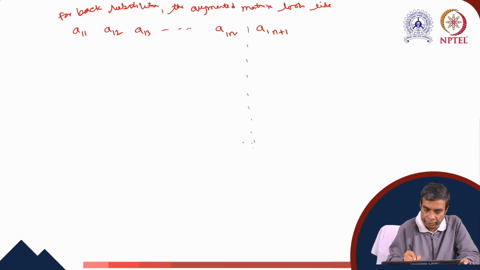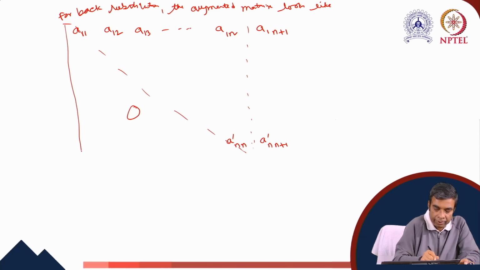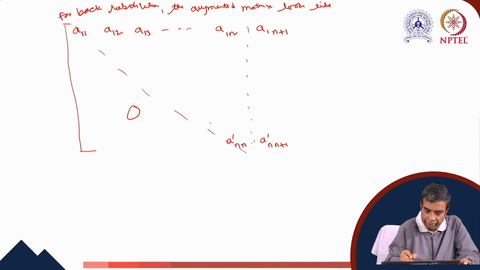Now for the last row we have A dash nn, and on the right side it has A dash n n plus 1. So this is the diagonal term. All the sub-diagonal terms are 0. Then in the second equation from the back side, we have A dash n minus 1 n minus 1, A dash n minus 1 n, and A dash n minus 1 n plus 1.